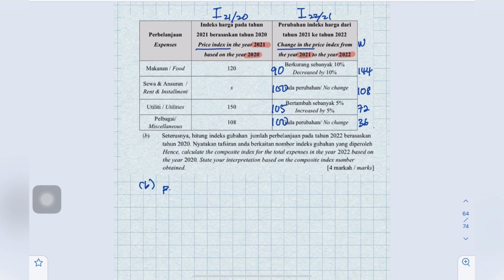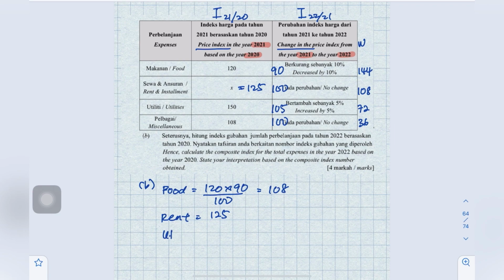So first of all, food: 120 times 90 divided by 100, which equals 108. Then for rent, there is no change. Just now X was 125, so with no change it is the same, 125 as well.